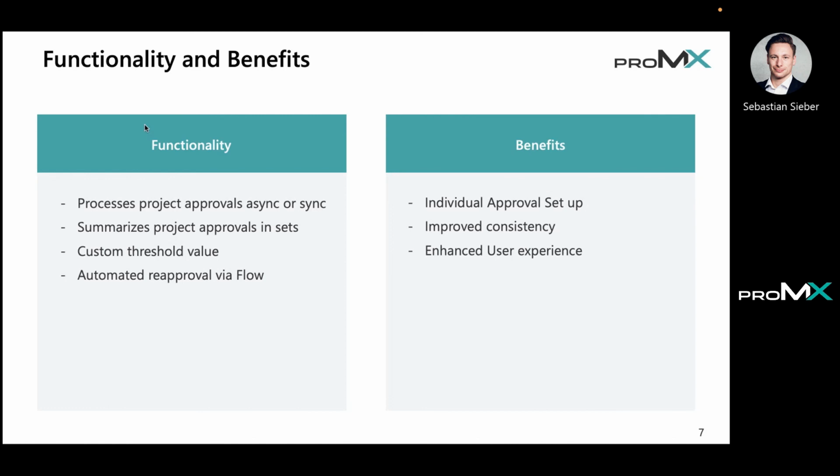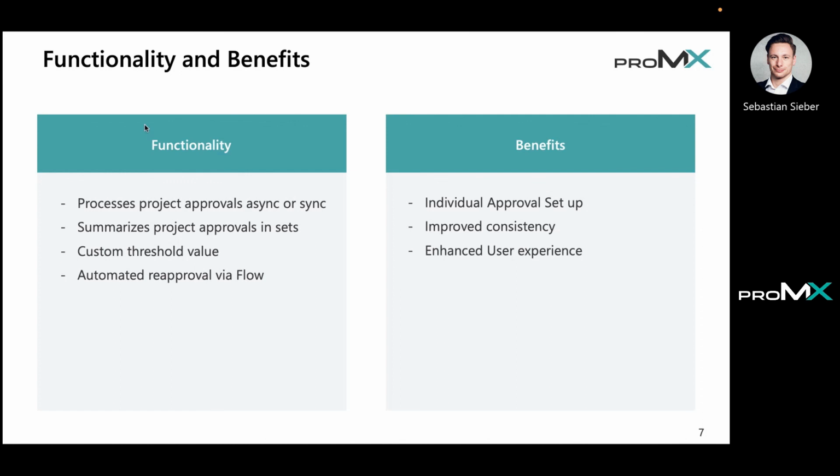We have the individual approval setup where we can really determine when we want to go with the async approach and when we want to do the sync approach. When I still have 1 or 2 records to be approved, I can do it synchronously, and then it's directly approved. There's no time in between. I don't need to wait for any async process, and the user also gets a nice experience.